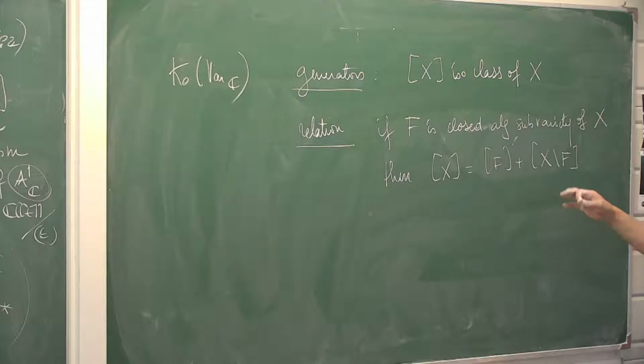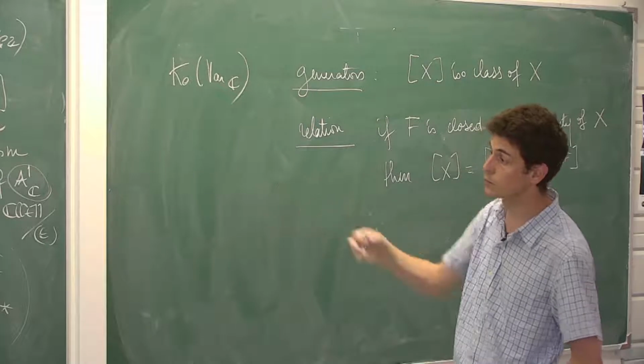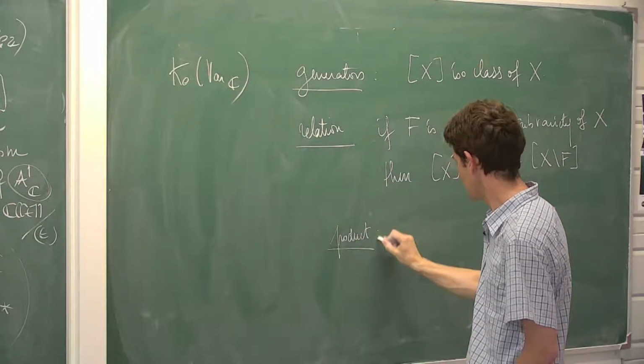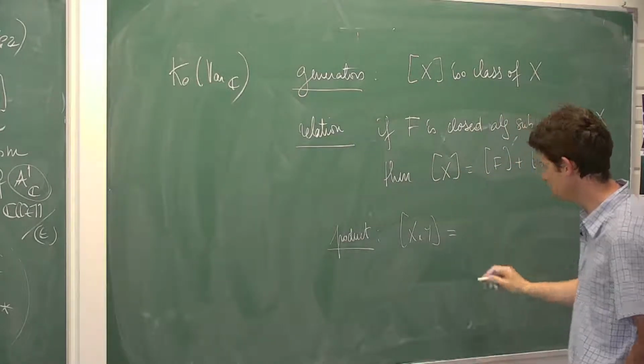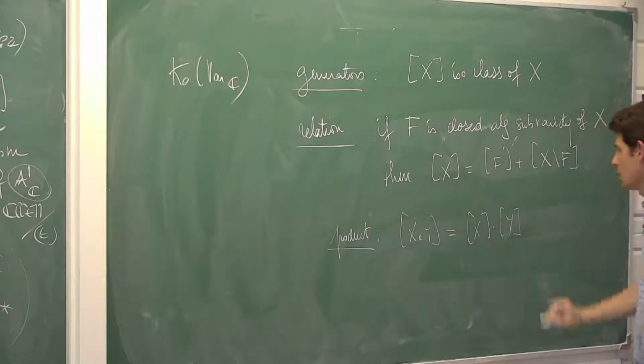So for me, when I say algebraic variety, I consider also open Zariski subsets. Okay. So you look at this relation and another relation for the product, for the ring structure, you ask to have the class of the Cartesian product of two algebraic varieties equal to the product of classes.